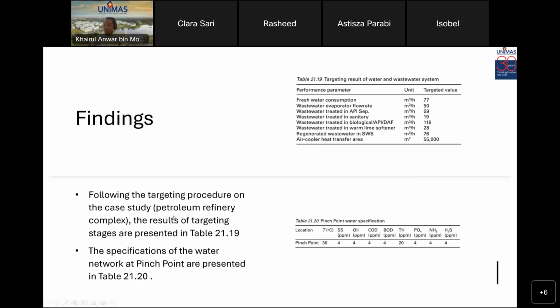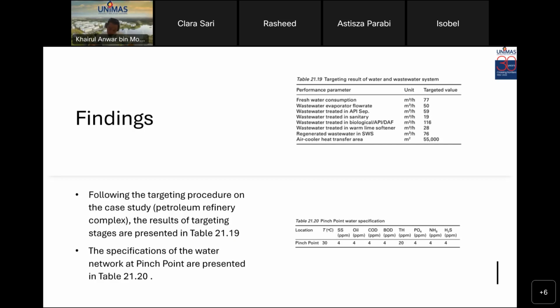Following the targeting procedure on the case study, petroleum refinery complex, the results of the targeting stages are presented in 21.19. So the freshwater consumption now is 77.